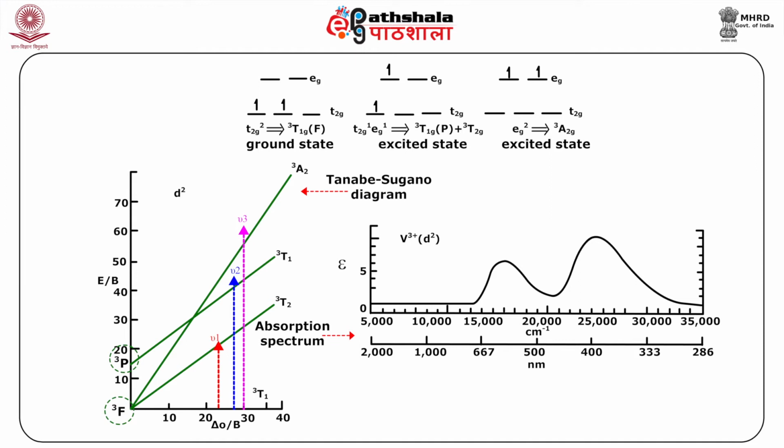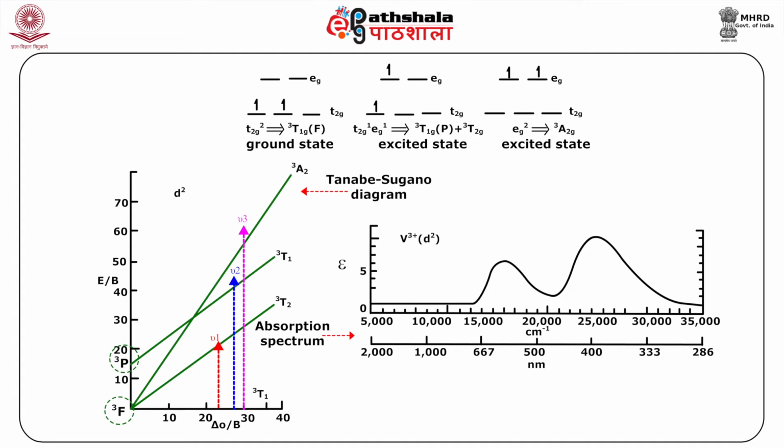The next higher term of the same spin multiplicity is triplet P, which transforms as triplet T1g in the presence of the ligand field. Since the configuration in the weak as well as strong field is the same, the diagram is only in terms of ligand field, irrespective of the applied field, weak or strong. The Tanabe-Sugano diagram for the d2 configuration along with the absorption spectrum is shown in the figure.